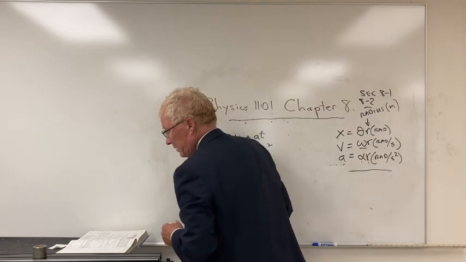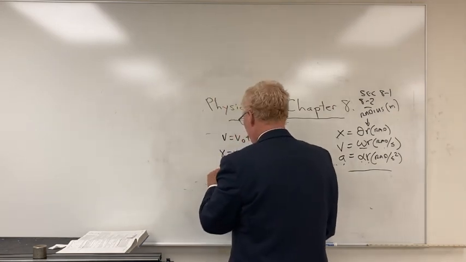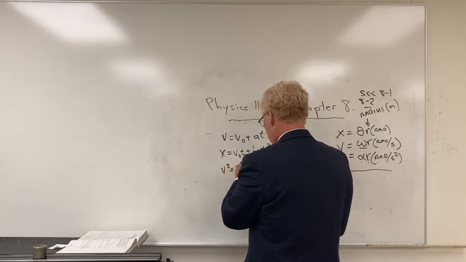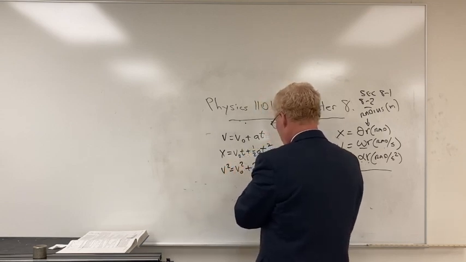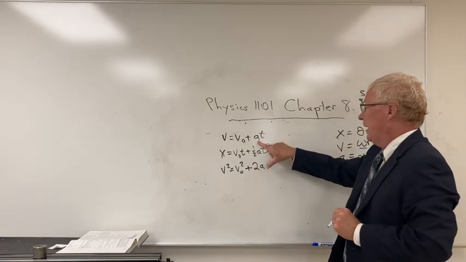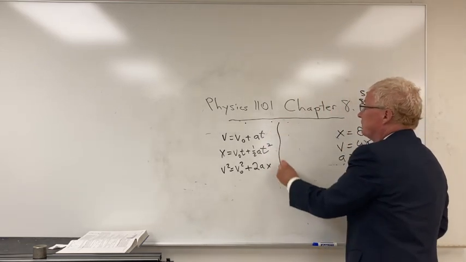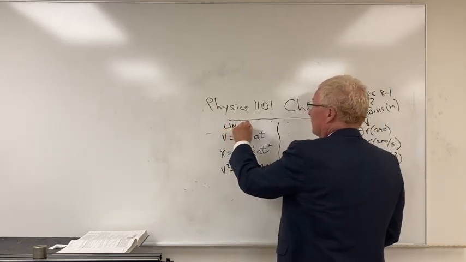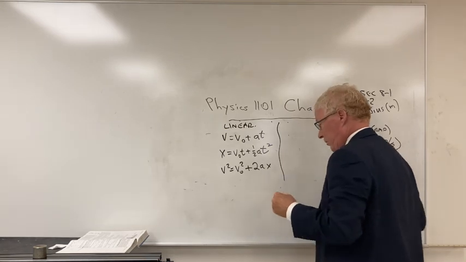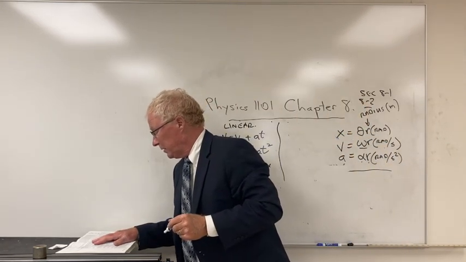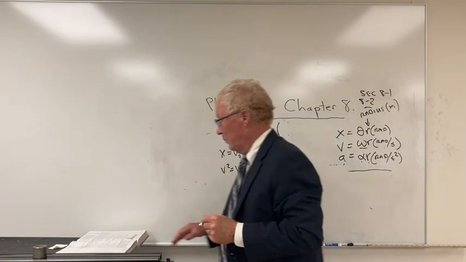And the last one, v squared is v naught squared plus 2ax, where v naught is initial velocity and a is acceleration. So these are our linear ones from chapter 2. Now what we're going to do is look at how we use these in chapter 8, with angular.